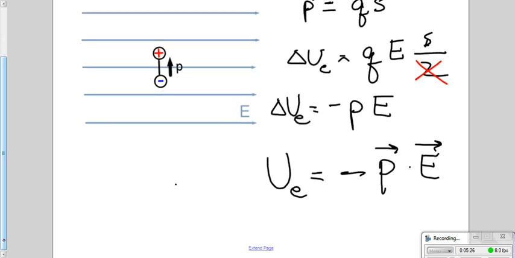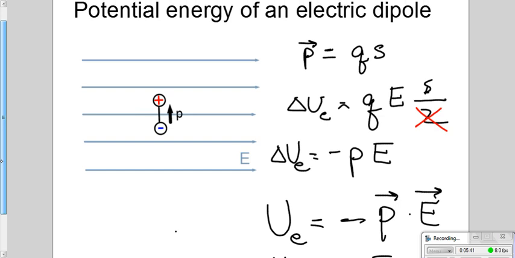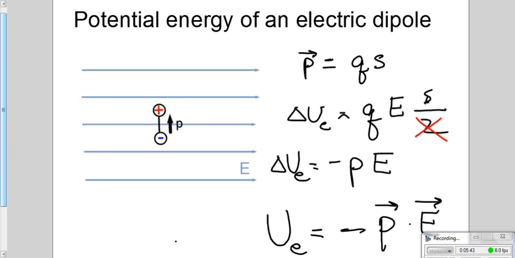The way in particular it's done, let me just write it this way, is you just take P times E, the magnitude of each, and multiply it by the cosine of the angle that those two vectors are making with each other. Right now they're making a 90-degree angle, so we would include the cosine of 90, and sure enough we get 0, which is what I had stated at the beginning.